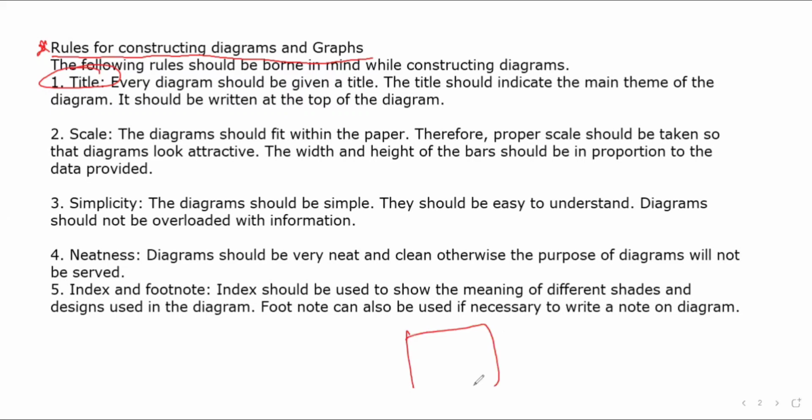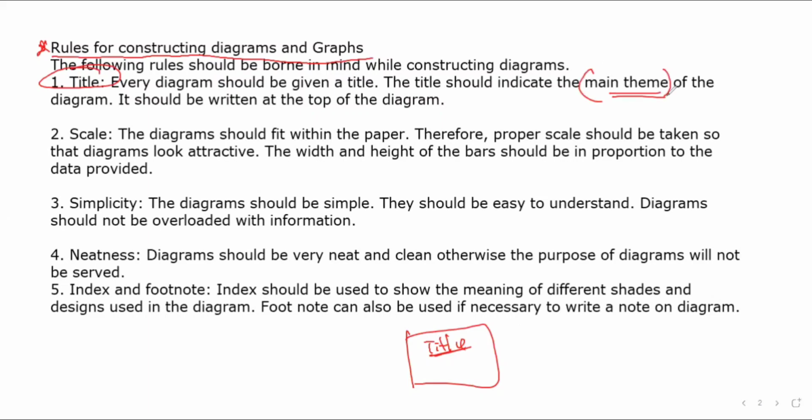Whichever diagram you are going to draw, you must give a title. And the title indicates the main theme of that diagram. What does the title represent? The title or heading is going to indicate the main theme, right?